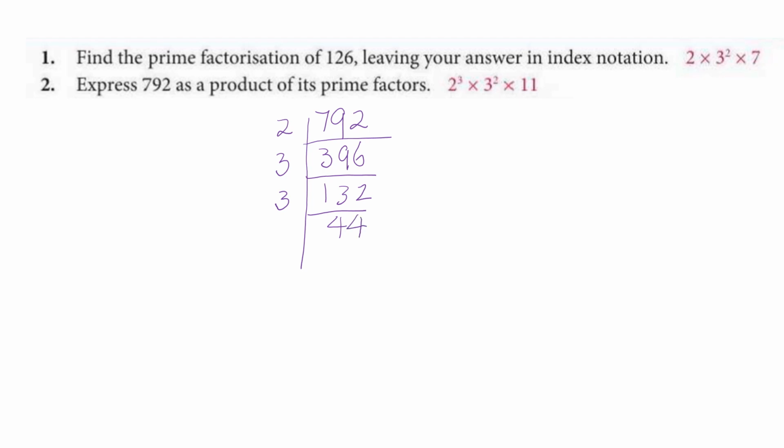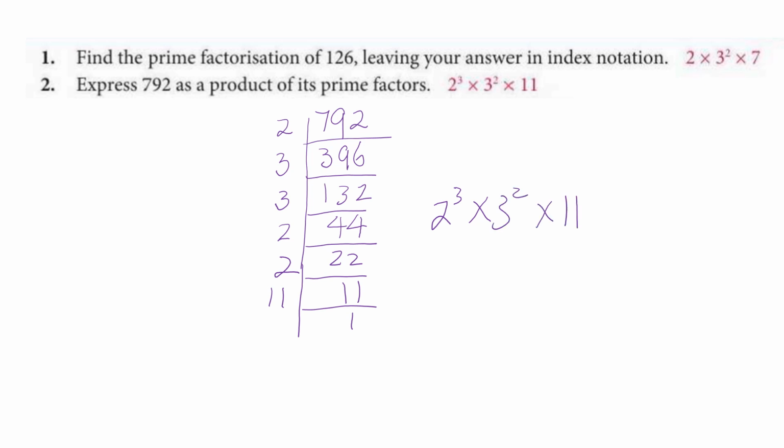Then you can't divide by 3 anymore, so let's divide by 2, and then 11, and then 11 divided by 11 gives you 1. So therefore the prime factorization of 792 will be 2 to the power of 3 times 3 to the power of 2 times 11. Okay, so that's how you do it.